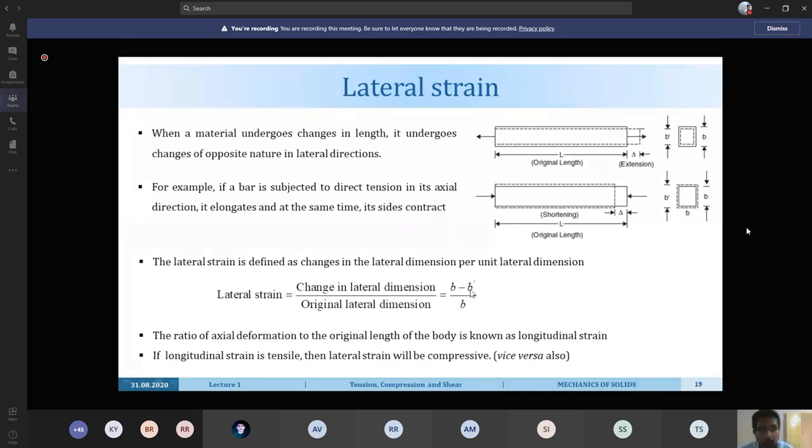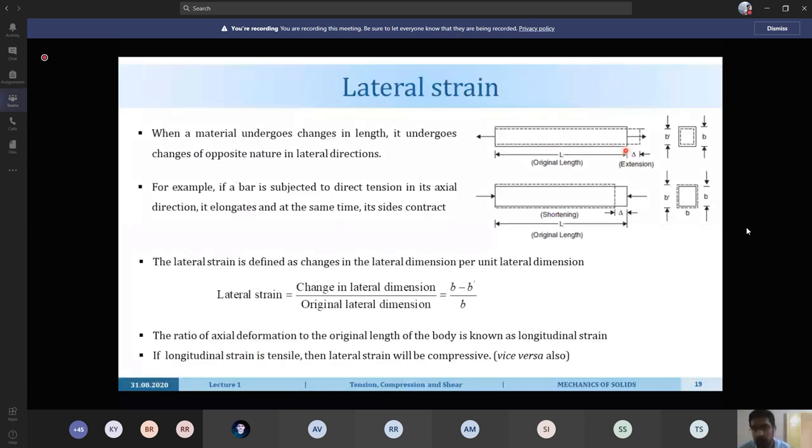This is the bar subjected to tensile load, and suppose we subject this bar to compressive load, at that time the original B becomes larger, so B dash should be larger than B. So if the longitudinal strain is tensile, then the lateral strain will be compressive.